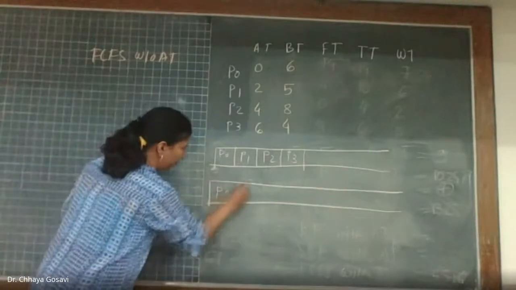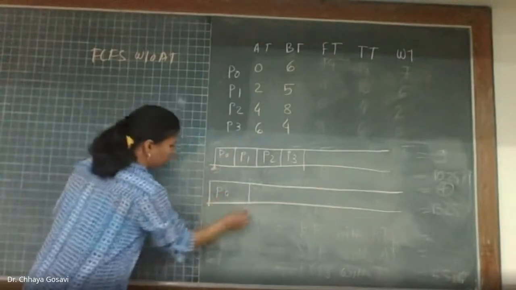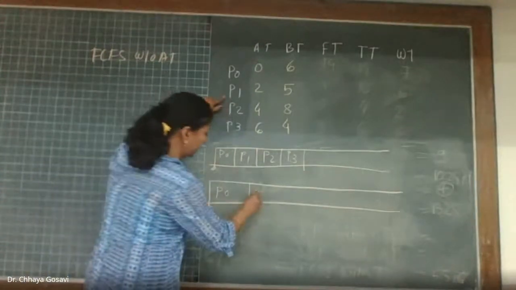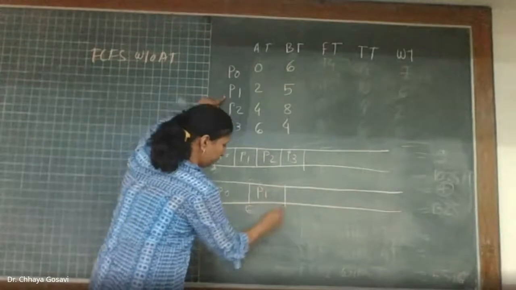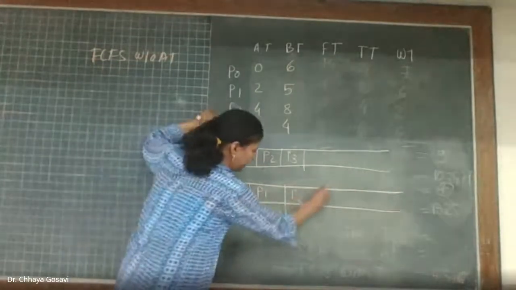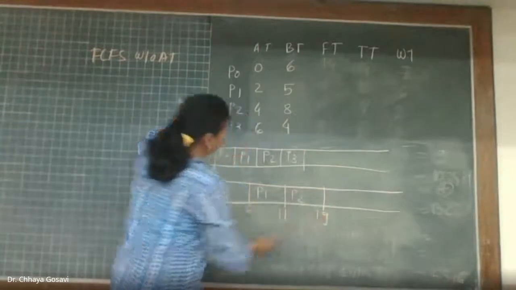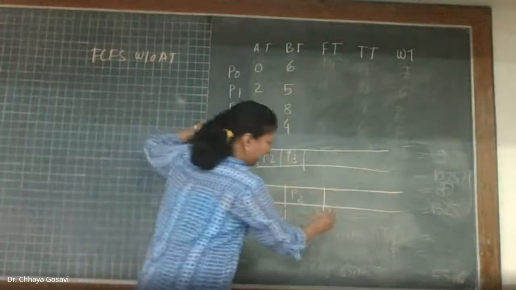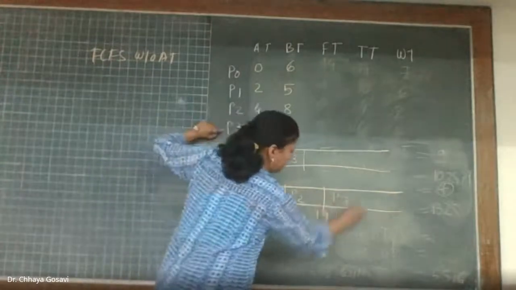So P0 will be scheduled for 0 to 6 cycles. Then P1 for the next 5 cycles till 11. Then P2 for the next 8 cycles, that is 19. And then P3 for the next 4 cycles, 19 plus 4, 23.